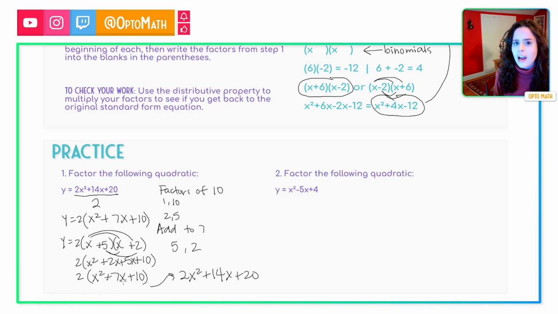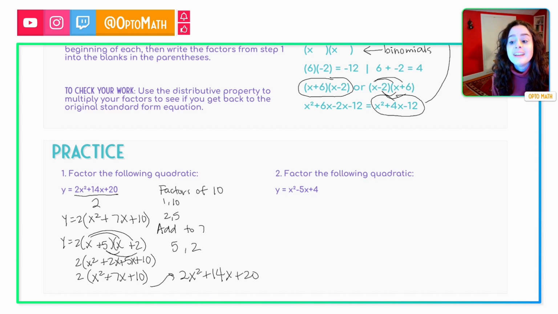So you see how when you check your work, you can see the reasoning behind asking ourselves factors of 10 that add to 7, because that's literally where you get the standard form. If you multiply it back out, that's how you get it. It's the same exact numbers. So that kind of attests to the reasoning behind us using this method.